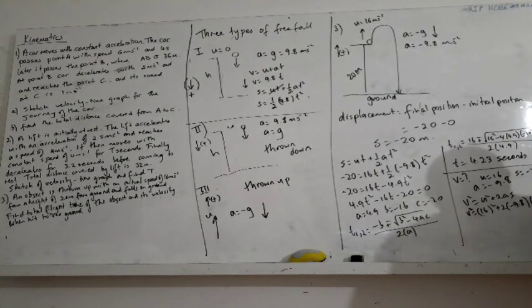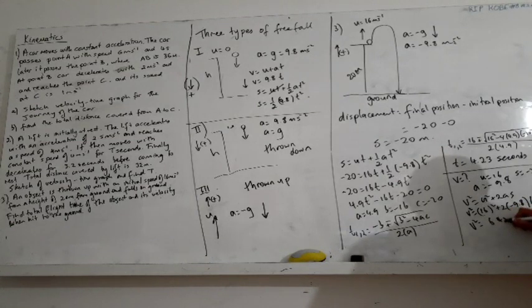So v squared is equal to, by the help of the calculator, 16 squared plus 2 times minus 9.8 times minus 20. So v squared is equal to 648.